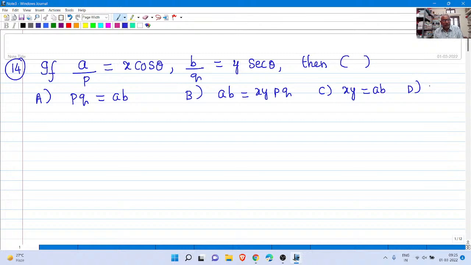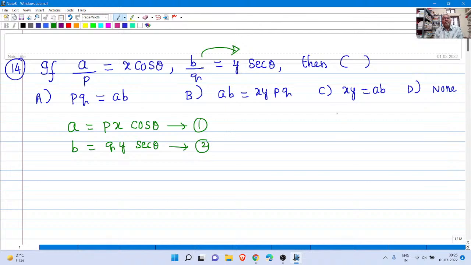D is none. Right. Here A by P, that means A is equal to Px cos theta. Say equation 1. From this one, B is equal to Qy sec theta.